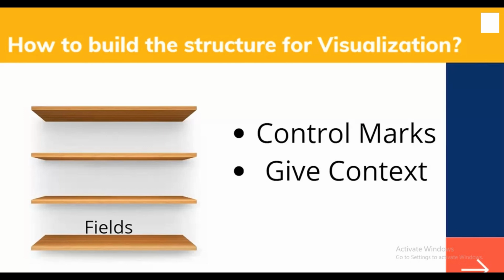How can I add more detail? You have something called cards, and in your cards there is the marks card. There you can add context to your visualization. For example, maybe I want to represent one field with a red color because that field shows a very negative impact.